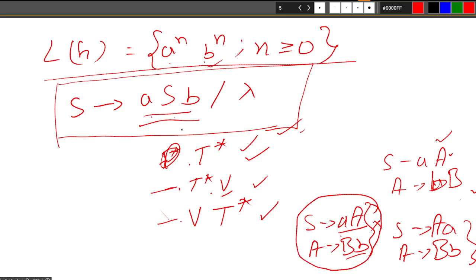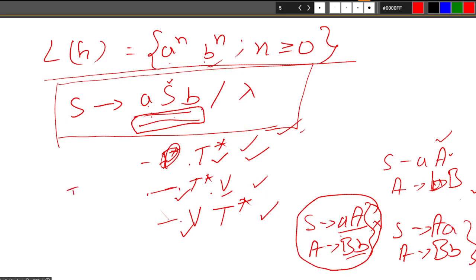Here what is happening is that this is not in the rule, any of these three. It is neither this nor this nor this. In between you have a variable and on the sides you have terminals.